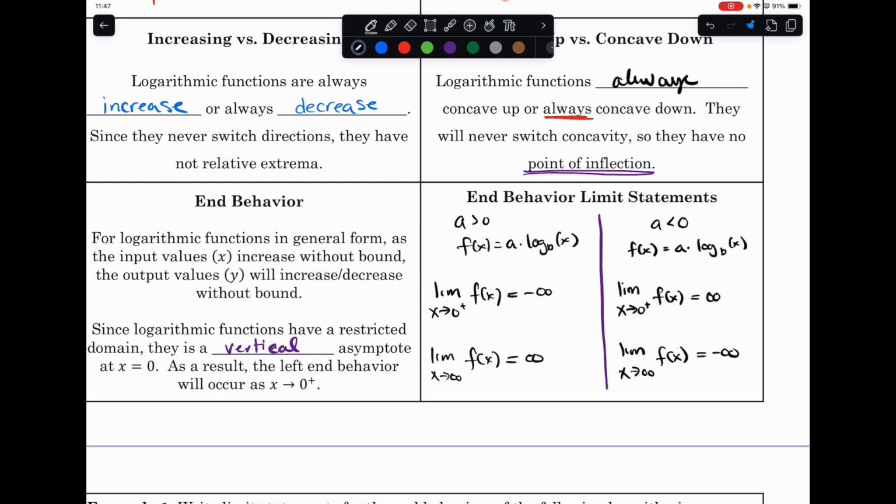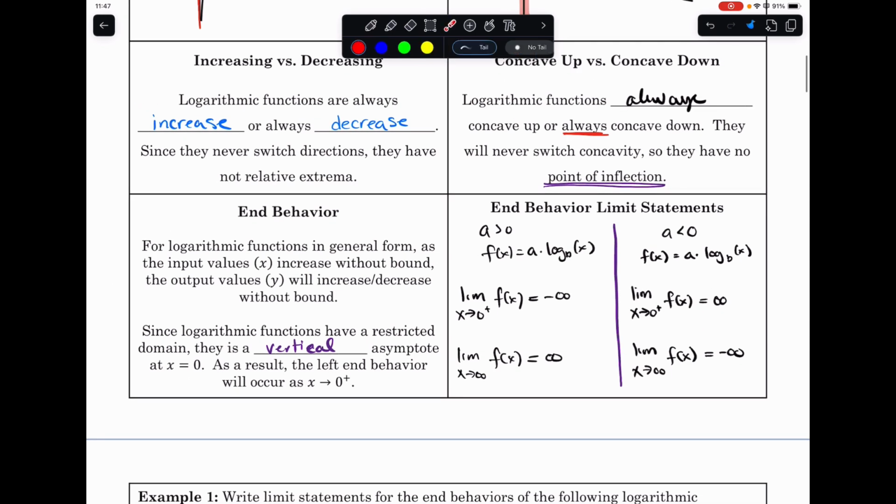Okay, so as you see, depending on the direction that the graph is going, the y values are always going to increase or they're always going to decrease. So they're always going to either positive infinity or to negative infinity as x gets bigger and bigger. The right end, again, will always go in the opposite direction.